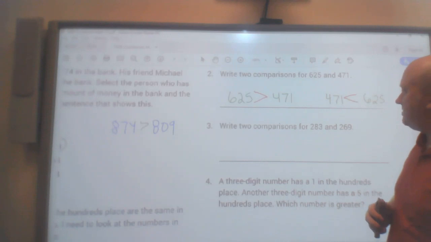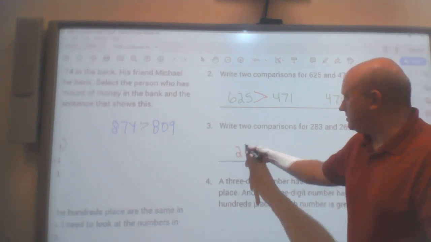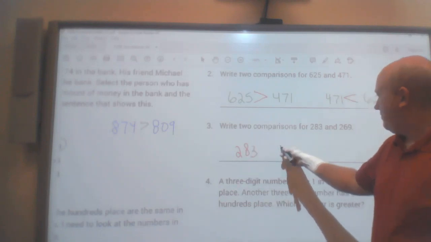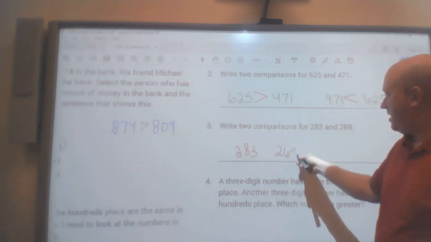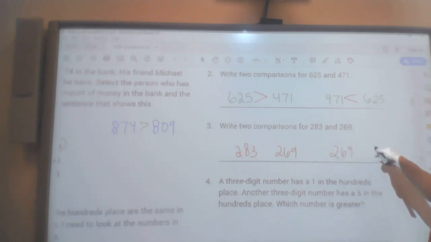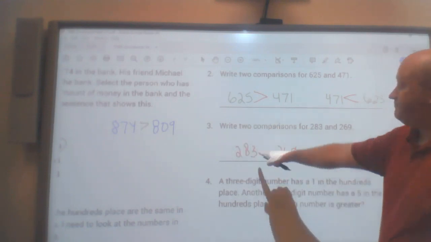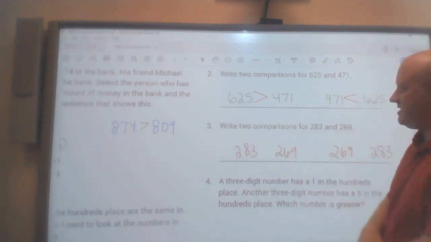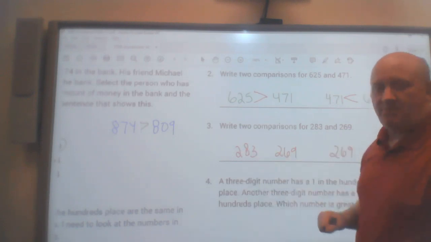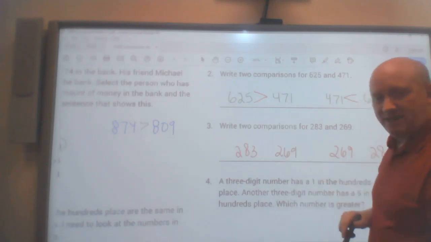Now let's do number 3 then. Write two comparisons for 283 and 269. So I'm going to write my two numbers. Okay, and then I'm going to reverse the numbers. Now, 283, 269. Is the 2 the same? Yes, so we go on to the next column. Is 8 greater than 6?